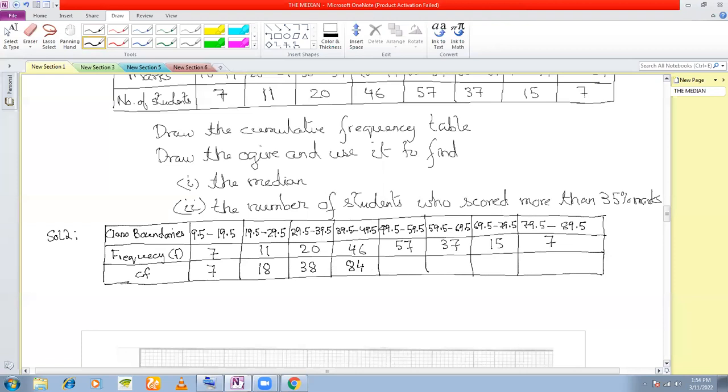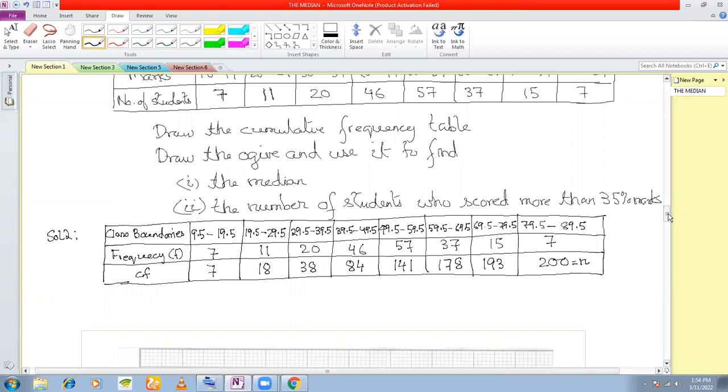And next will be 84 plus 57, which is 141. Next will be 141 plus 37, which will be 178. Next will be 178 plus 15, which is 193. And the last one will be 193 plus 7, which will be 200. And this is also equal to n, the total number of students.